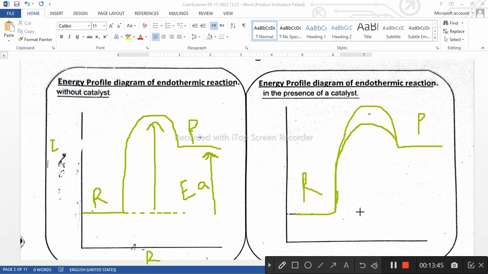You can observe that the activation energy for the catalyzed reaction is less as compared with the uncatalyzed reaction. So this is the concept of catalyzed and uncatalyzed reaction.